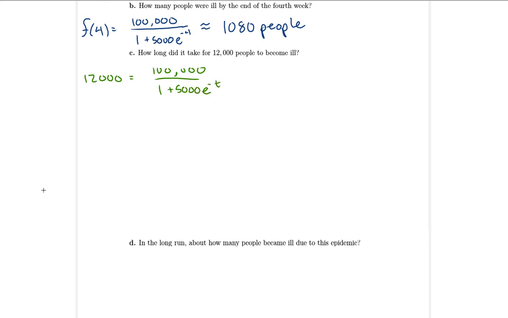So we want to solve for t. Now, of course, in situations like this, we know we want to get the variable out of the denominator, right? So we can always multiply by that denominator as long as we do it on both sides. So go ahead and do that.